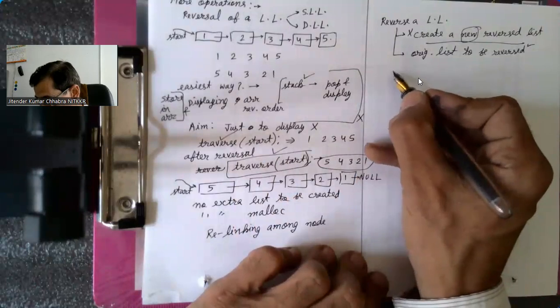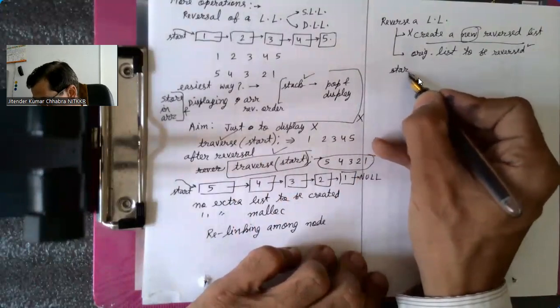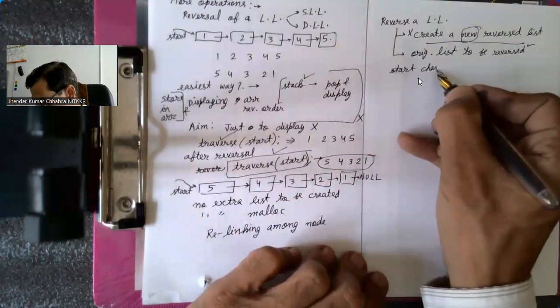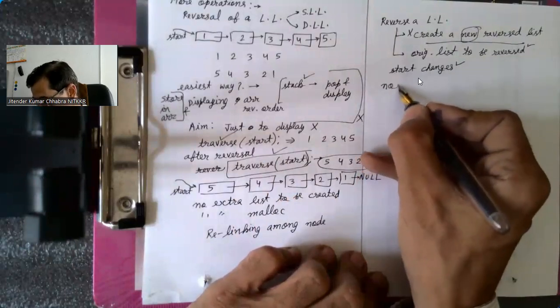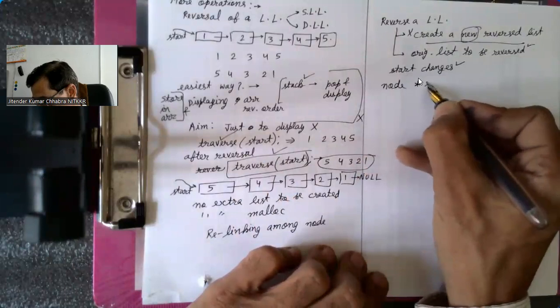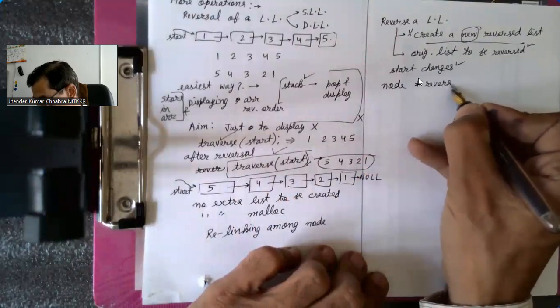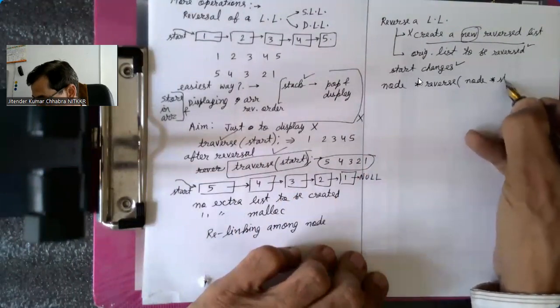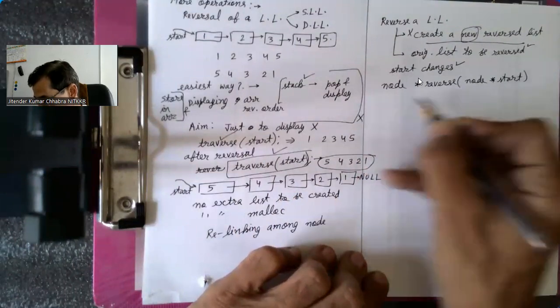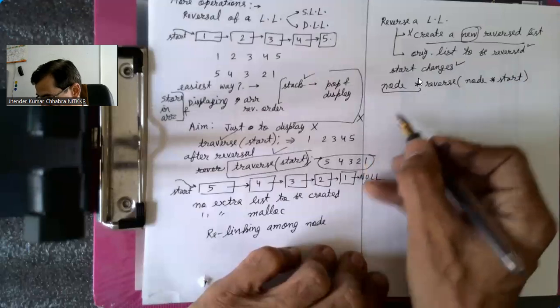Obviously, it means the start pointer changes. So start changes will mean that I have to either make it a node star reverse, and then obviously node star start needs to be passed, but it should return the reversed list.